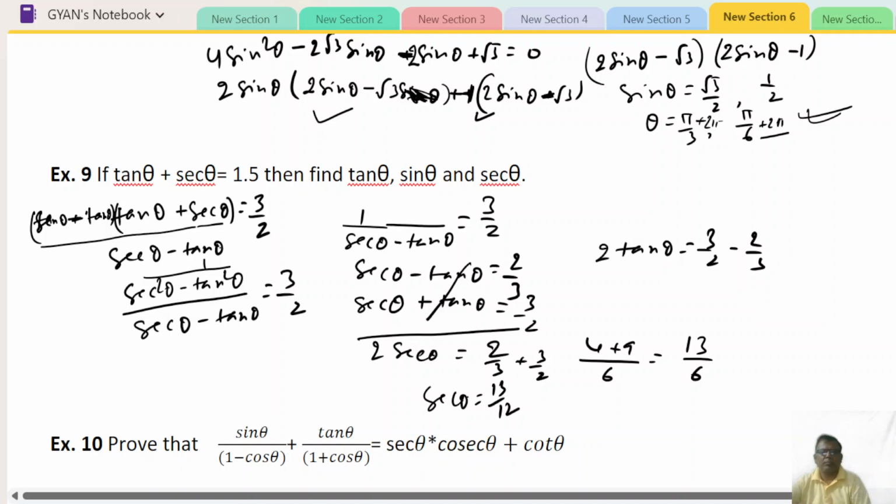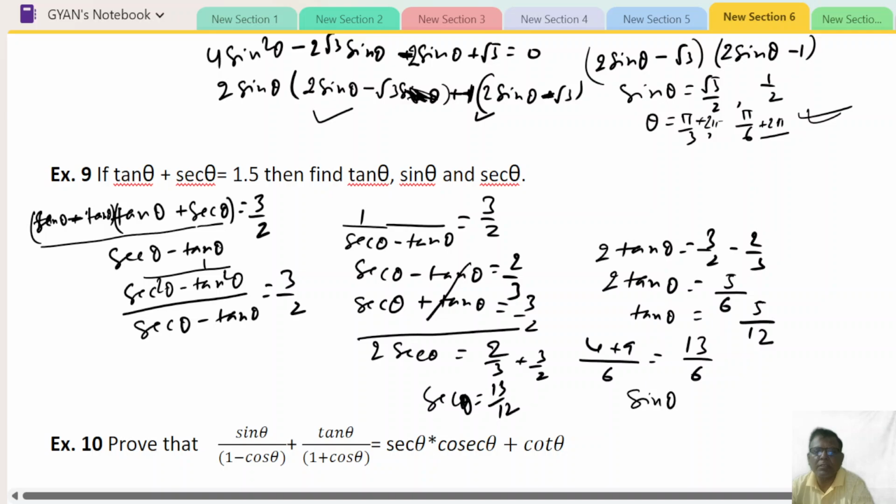So by this way also you can do it, or if you have sec theta then tan theta also you can find out. That is not an issue, or you find it from here itself. That will be easy. 2 tan theta is equal to 3 threes are 9, 9 minus 4 is 5, 5 by 6. So tan theta is equal to 5 by 12. So now you have to find sin theta.